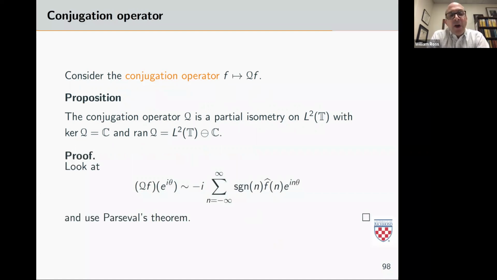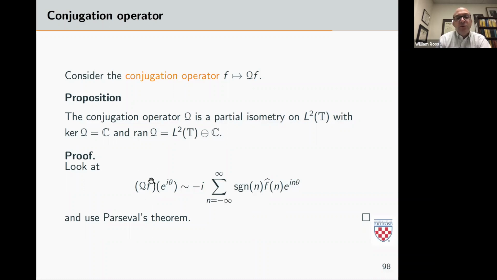Just a moment's thought here: notice that the Fourier series of Qf is always missing the constant term because of this signum function. So that gives you the range part. And the kernel is obviously going to be when f is a constant.